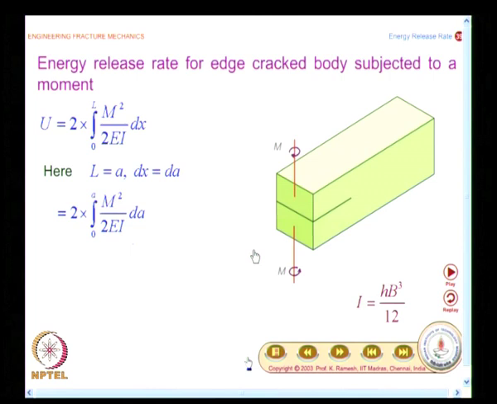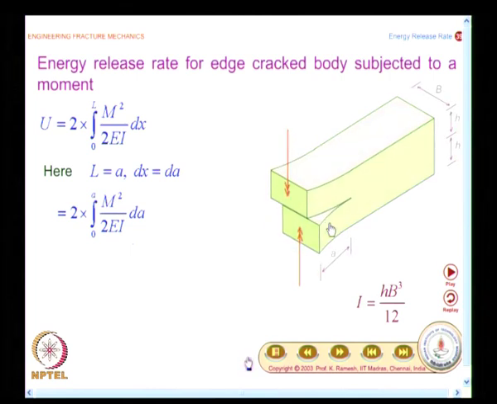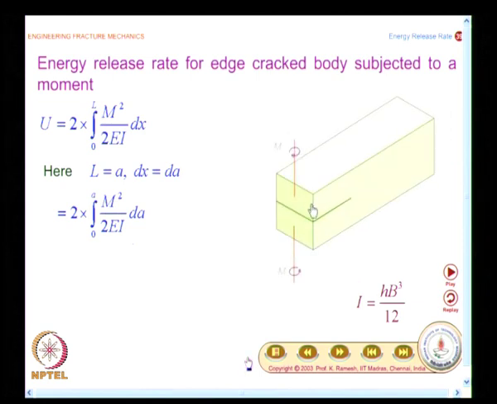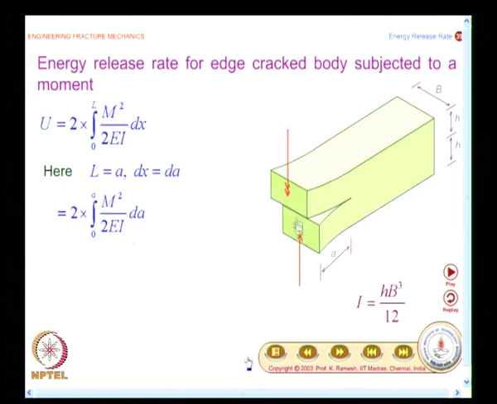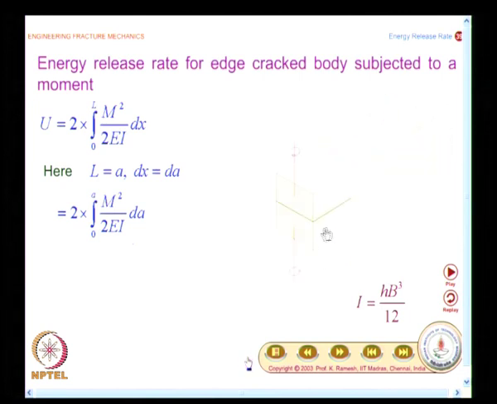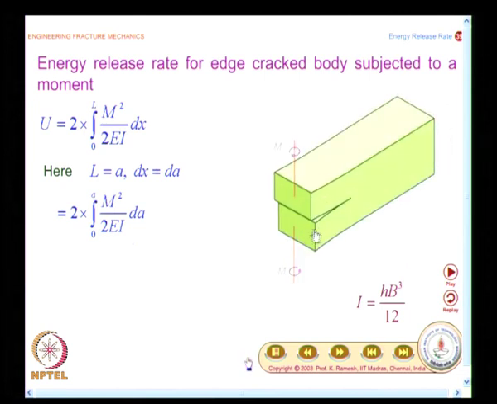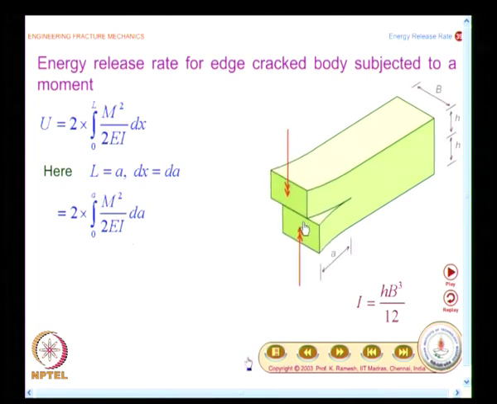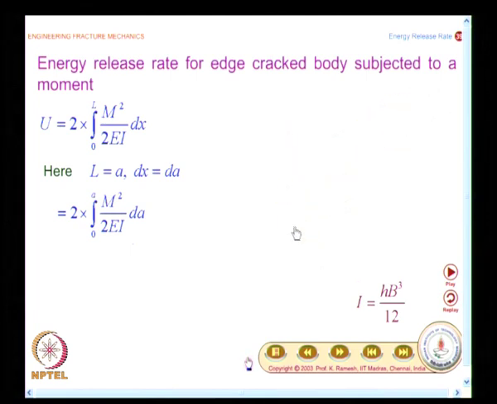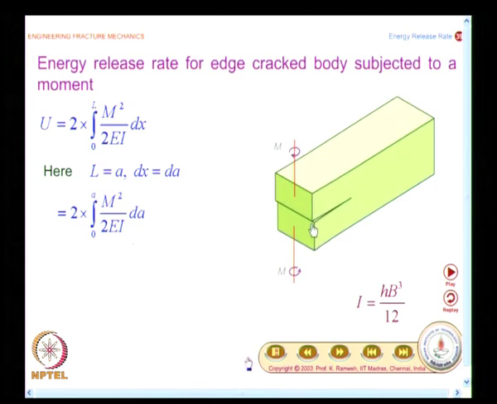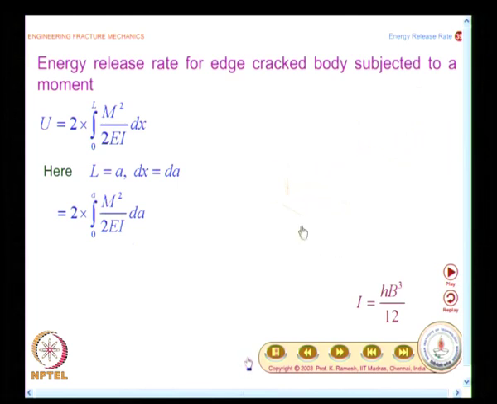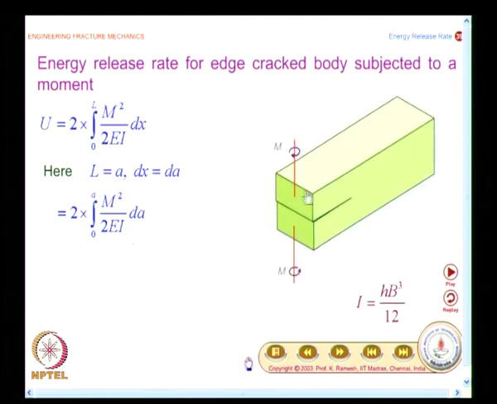And now we take up a problem of a cantilever beam specimen. It is a double cantilever, but the loading is different. You apply a bending moment on this surface and this surface, and it provides a tearing action. The moment you get a tearing action, this is the problem of mode 3.